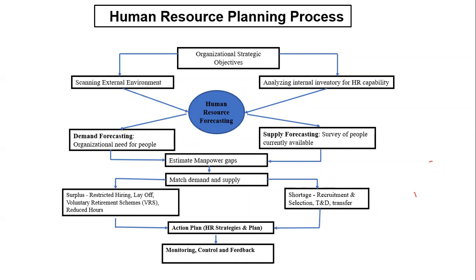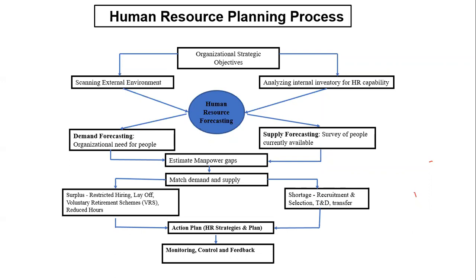There is also a third scenario where the outcome of demand forecasting will be equivalent to the outcome of supply forecasting. In that regard, we say there is human resource equilibrium. So there are three main outcomes that you can achieve after matching demand and supply forecasting outcomes.